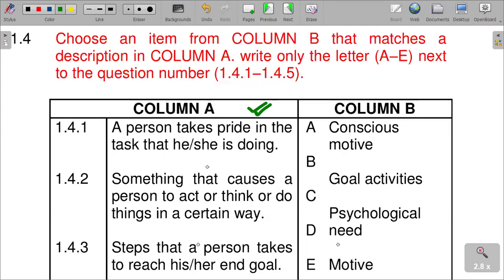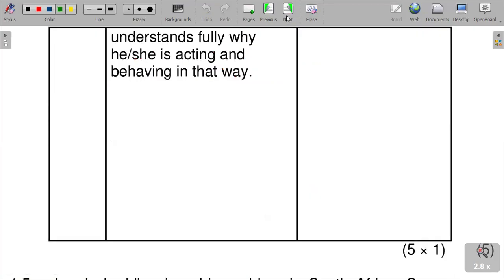I want to go to the long questions. N6 students, this one you can just identify and relate to in the exam with no problems.